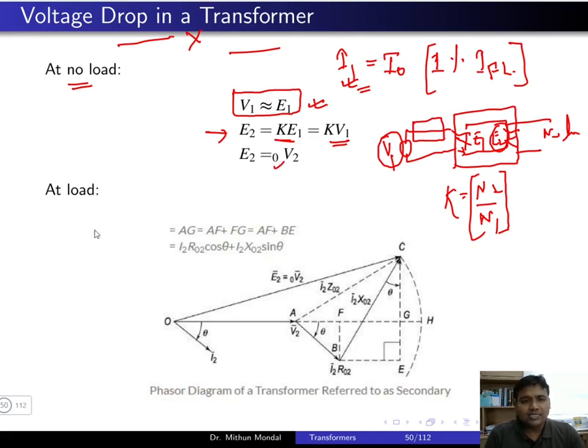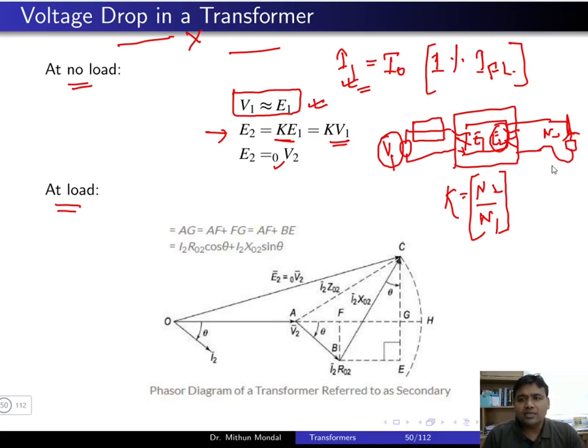So let us see what happens when the transformer is under loaded condition. You have connected a load, and I assume that the load is inductive in nature. So obviously the current will lag behind the voltage by a certain angle.